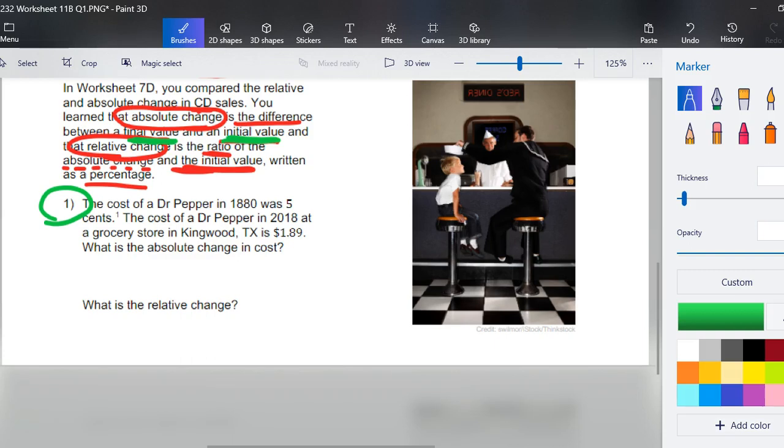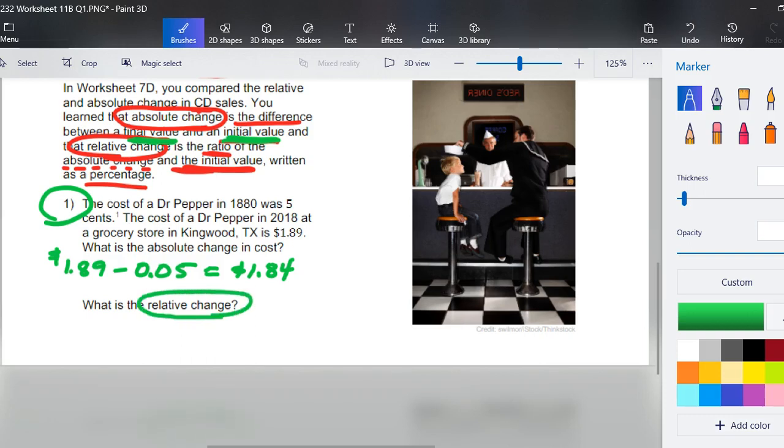The number we are most recently looking at is $1.89, and the number from a long time before is 5 cents. So the absolute change is $1.84.